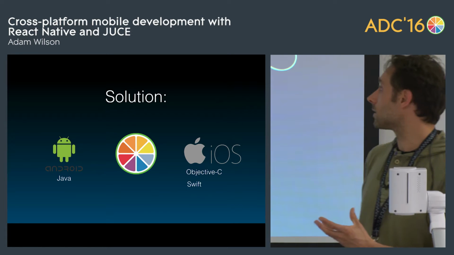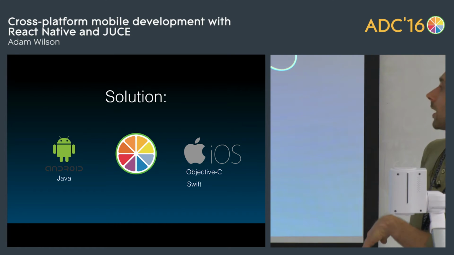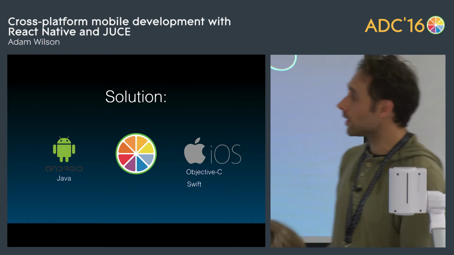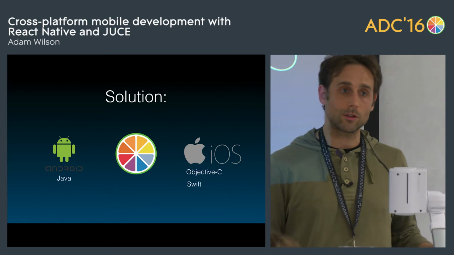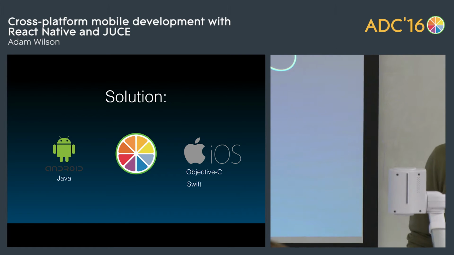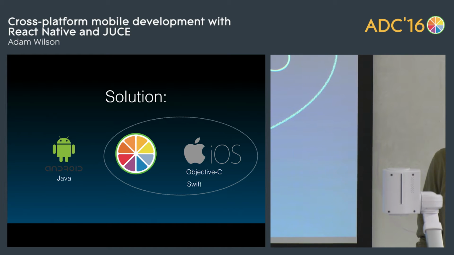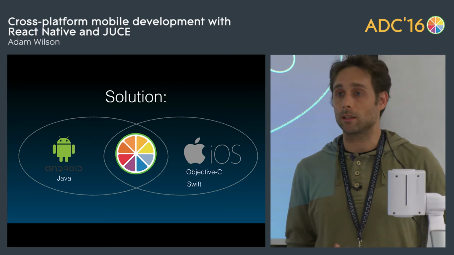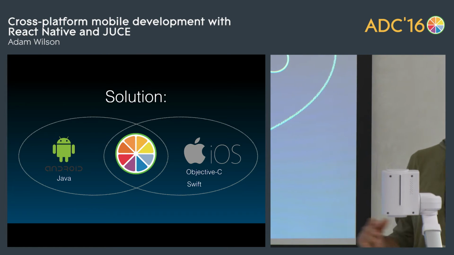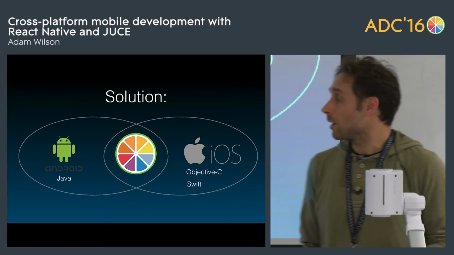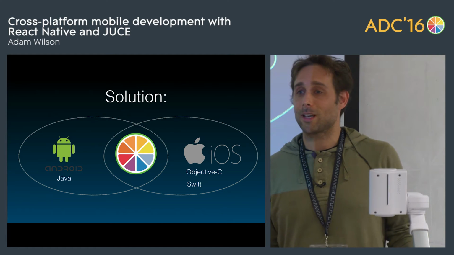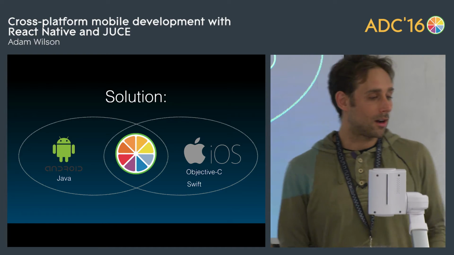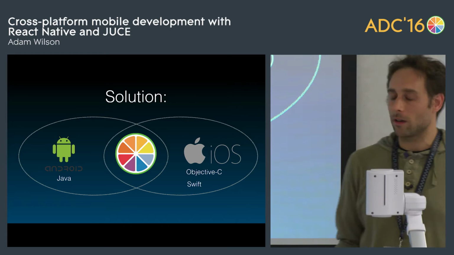So what I mean by that is on iOS using Xcode and Objective-C or Swift to do my user interface, and similarly for Android using Java and Android Studio to do my main user interface stuff, meaning scrolling lists and navigation and data editing, things like this. So that was all well and good, and that's basically what I did my talk on last year, and I went into quite a lot of technical detail about how you could go about that.